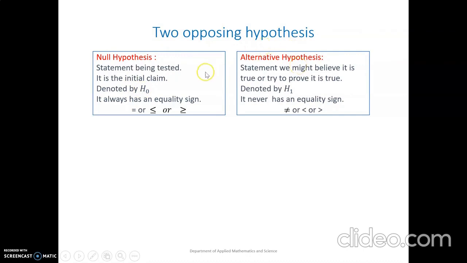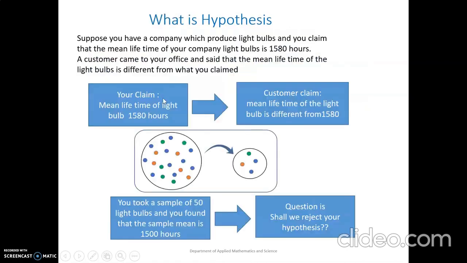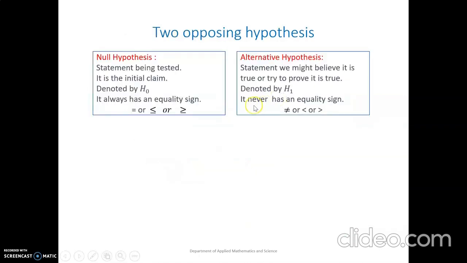The null hypothesis always has an equality sign. So when you are saying that the mean lifetime is 1580 hours, it means you are saying mu is equal to 1580 hours. And the alternative hypothesis never has an equality sign. It has a not-equal sign, or less than or greater than.